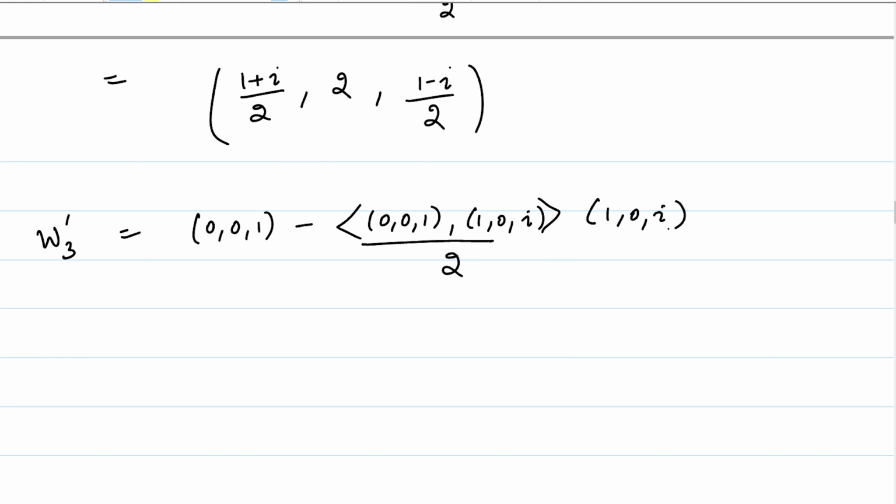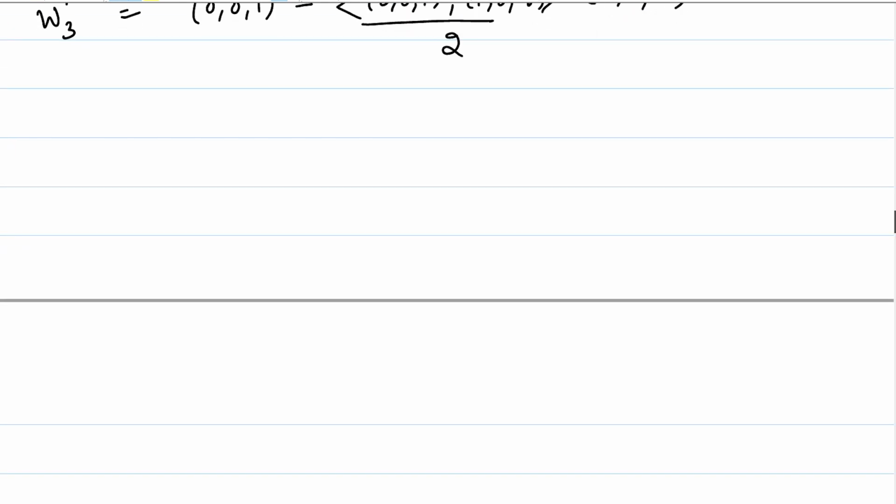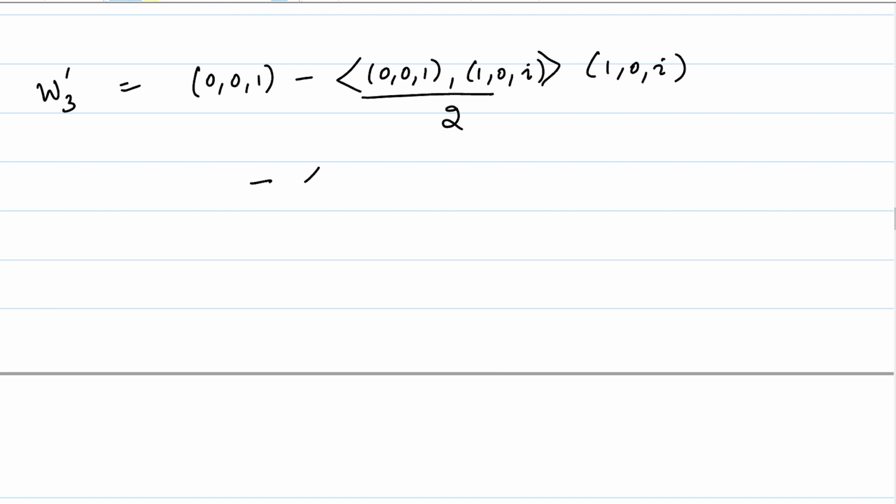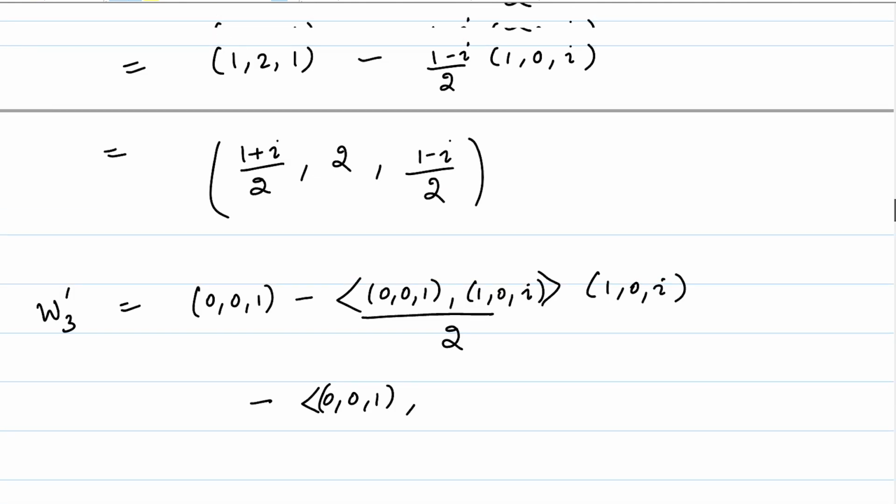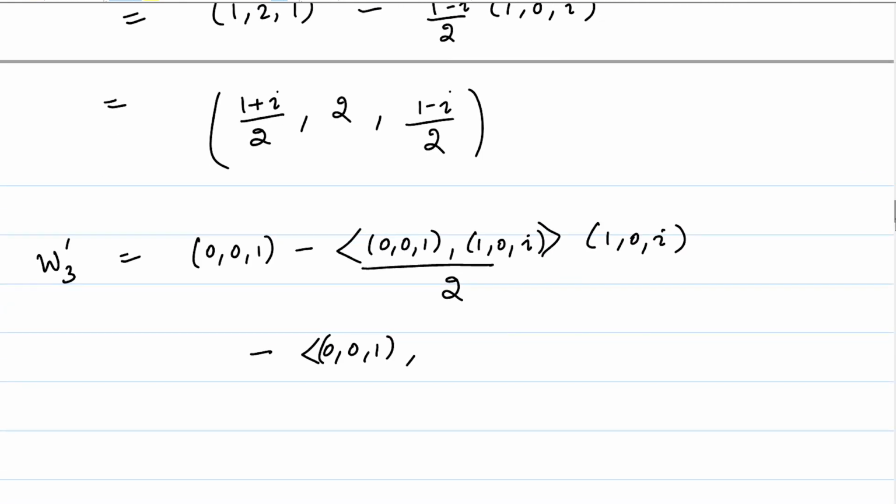The 2 below is basically the length of W1 prime squared, and there will be one more term. This is just going to be the inner product of (0, 0, 1) with our W2 prime, which is, okay, so let's just do one thing. This is just half, (1 plus i)/4 times (1 minus i).